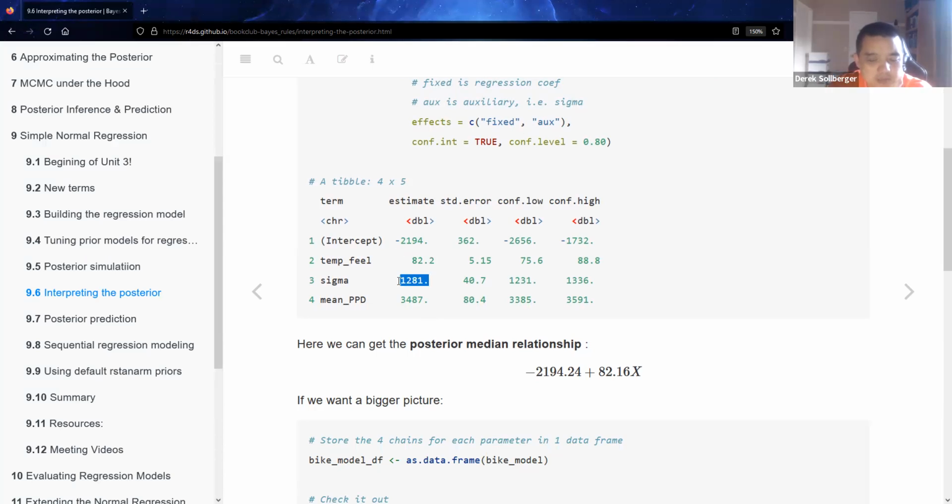And this is an estimate for the assumed variance. And we have the confidence interval for each. Plugging in these estimates for beta naught and beta 1, we now have our posterior median relationship.